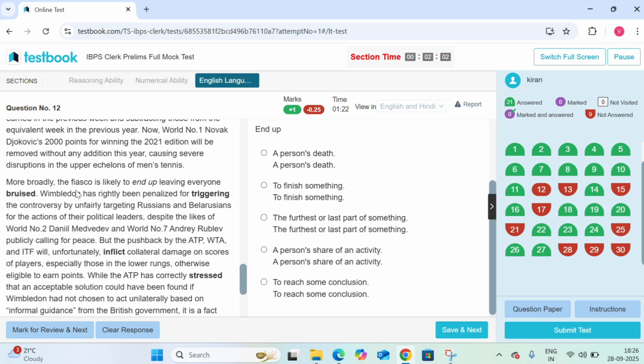More broadly, the fiasco is likely to end up leaving everyone bruised. End up means to finish something, to reach some conclusion.